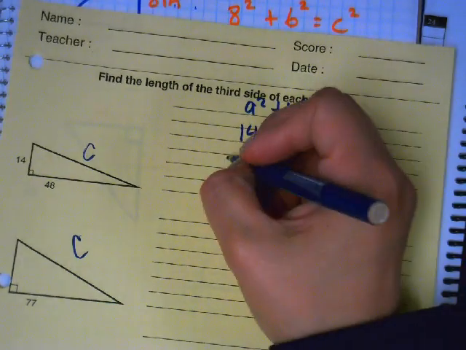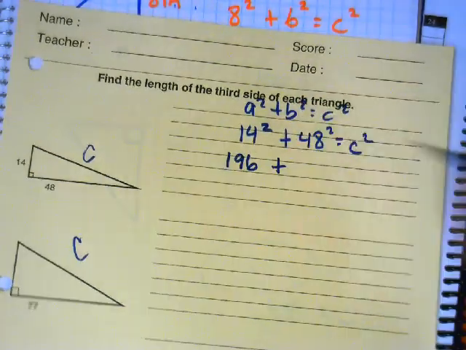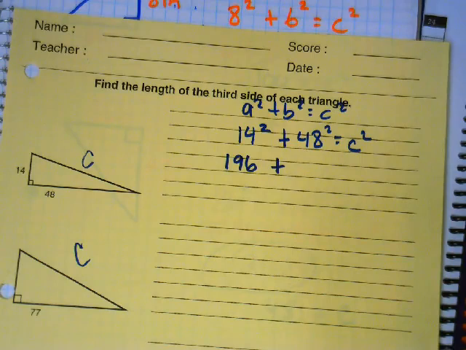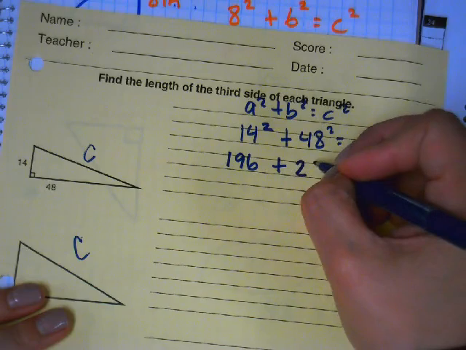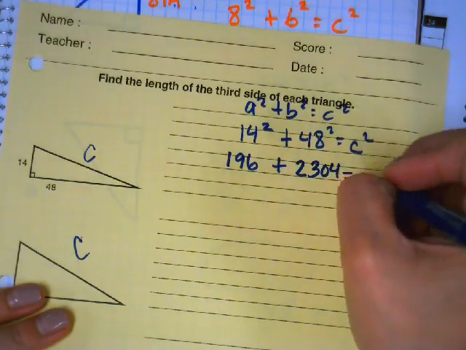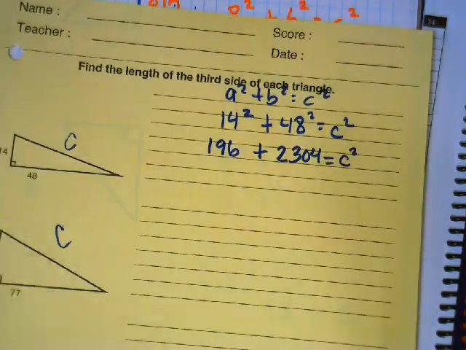196 plus what is 48 squared? 2,304. Use your calculator, get these numbers. Don't just copy us because then it's time for you guys to do it.